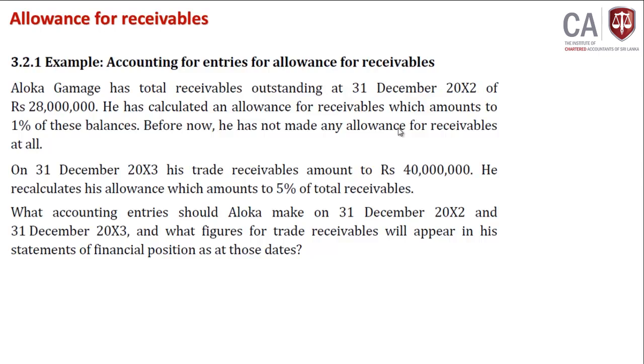On 31st December 2003, his trade receivables were 40 million. He has recalculated the loss allowance at 5% of total receivables. What accounting entries should Alok make at 31st December 2002 and 31st December 2003, and what figures for receivables will appear in the statement of financial position as of those two dates? Simple question again. I will erase the numbers here.